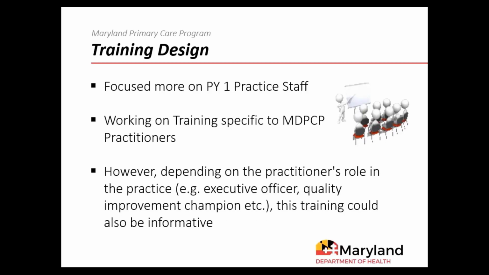But the things that we will talk about during the course of this presentation is largely about how staff and practices can adapt to advanced primary care. So that cuts across all programs and all types of practices. This particular program is focused on the program year 1 practice staff for those who are in MDPCP.